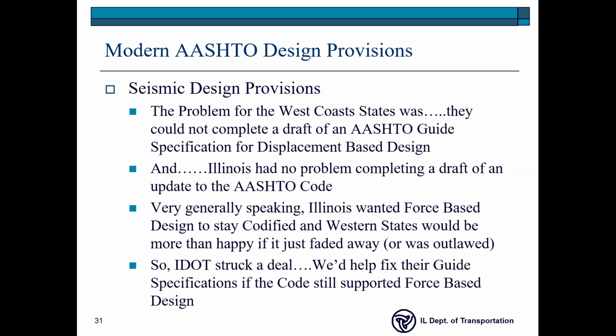They got what they wanted, we got what we wanted, and so we got two different design methods essentially codified by law. These guide specifications are very unusual because there's a clause in the design code that says those seismic guide specifications that use displacement-based design can have the full force of law. So it's a little bit of an unusual case.